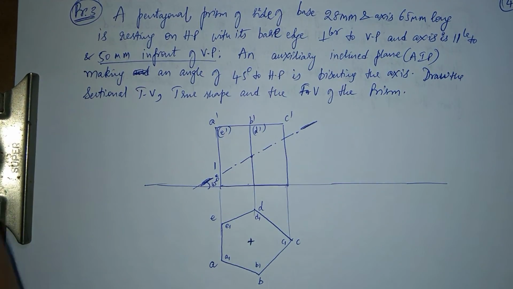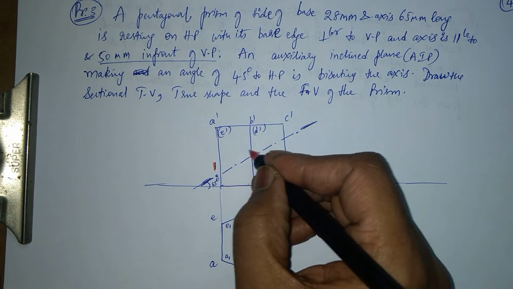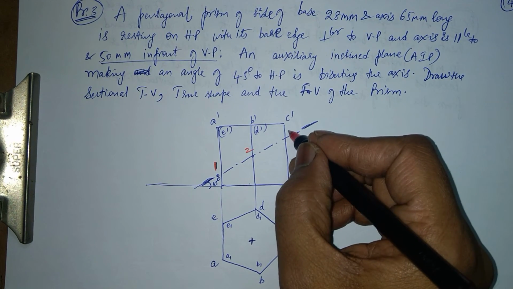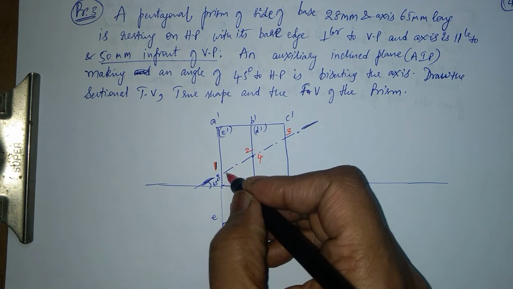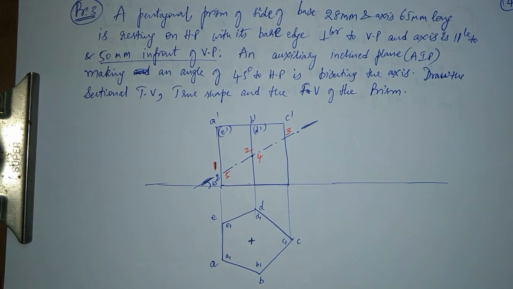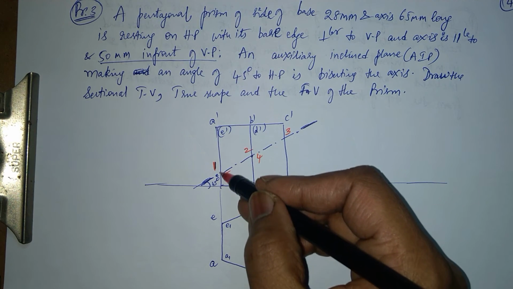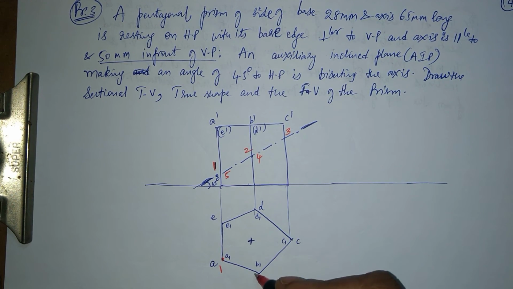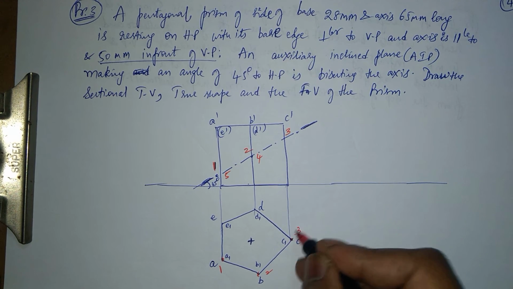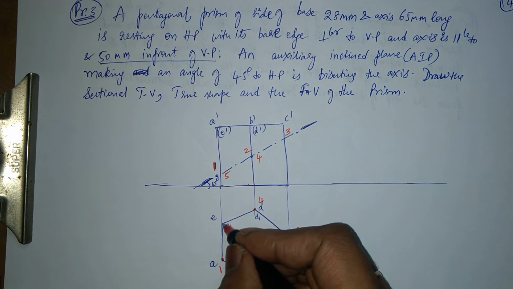B1, I'll put 2. I'm using a red pen here. C1, I'm using 3. D1, I'm using 4. E1, I'm using 5. These are the 5 points. So if I drop this projection down, 1 would lie here, 2 would lie here, 3 would lie here, 4 would lie here, 5 would lie here.